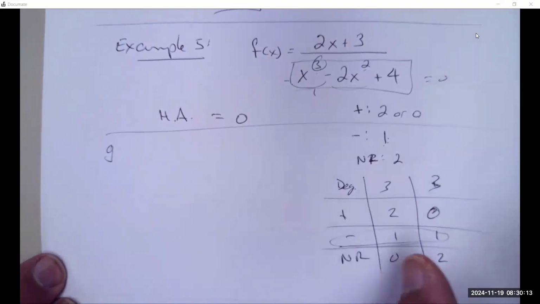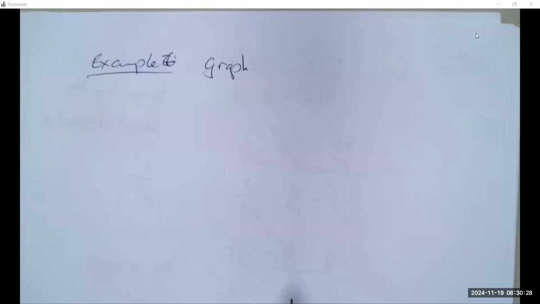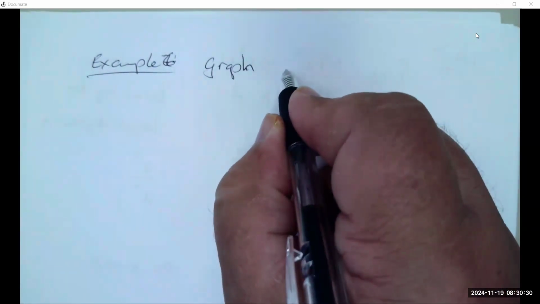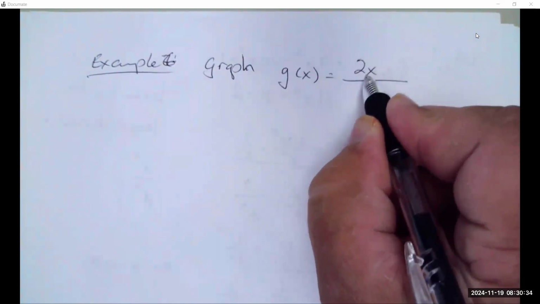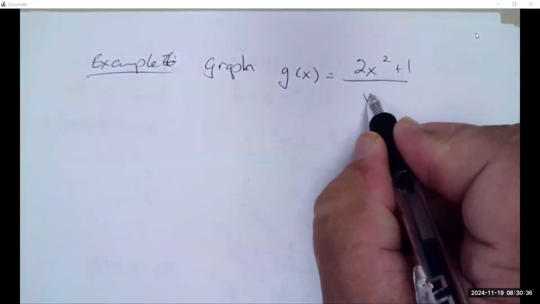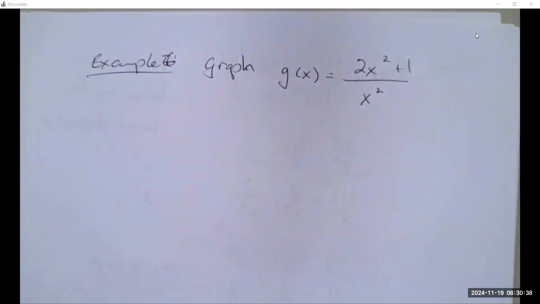How about this next one? Example 7. Oh, let's do 6. Let's graph this one. g of x equals 2x squared plus 1 over x squared.